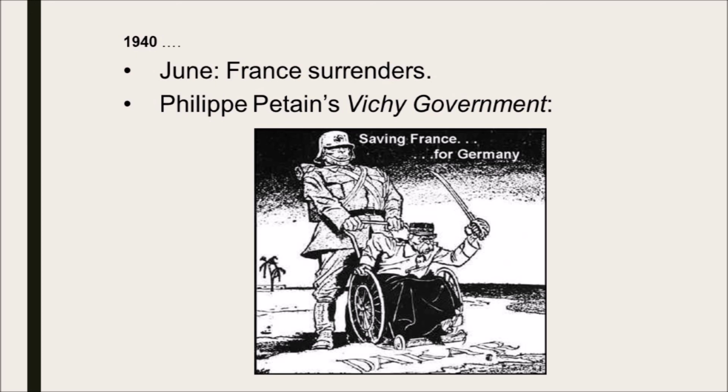So again, you're going to have a Free France movement that starts from Great Britain and from some of the French colonies. You're going to have a guy named Charles de Gaulle who's going to be head of the Free French movement. But yeah, I mean, you've got the Vichy government, which is a Nazi-run government in France.